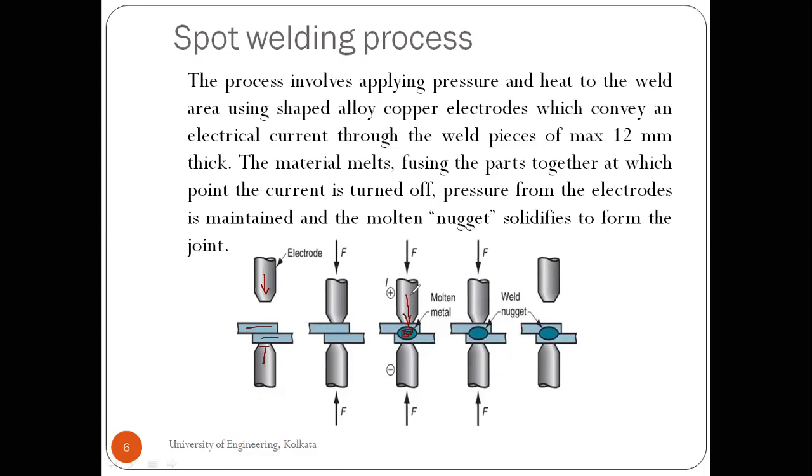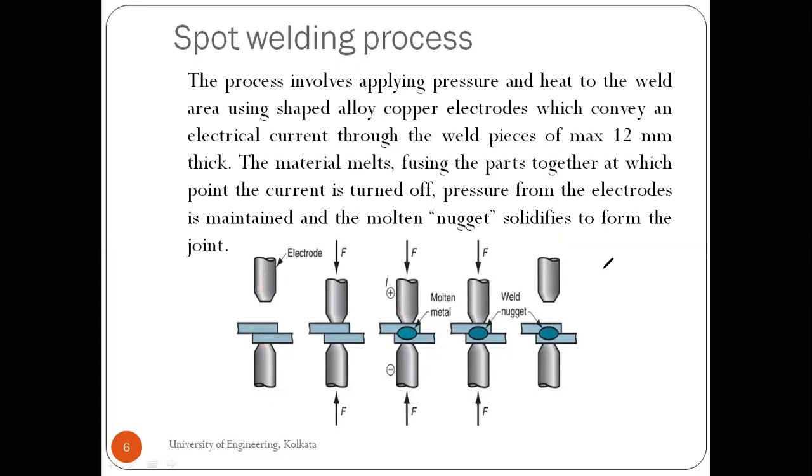So pressure is kept even if the current is withdrawn, and till the material gets joined with each other, the pressure is maintained, after which the pressure is withdrawn. Okay, so this is withdrawn. Again, in the next part of the material, this process is followed.